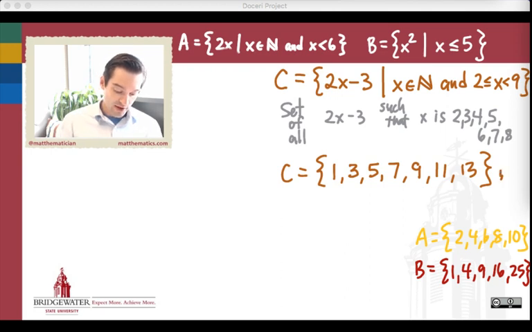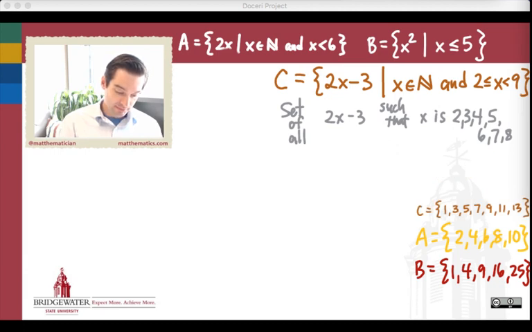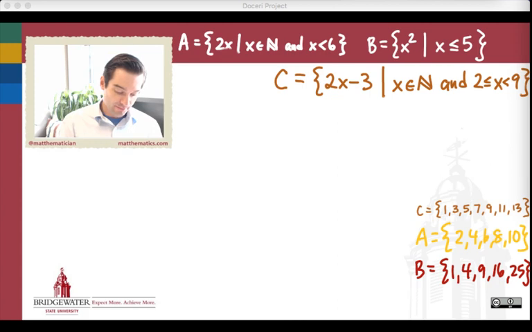Let me move this off to the side so we have plenty of room for our Venn diagram. So now we have rosters for A, B, and C. Let's draw out our Venn diagram with 3 sets. I'll start out by putting in my universe.